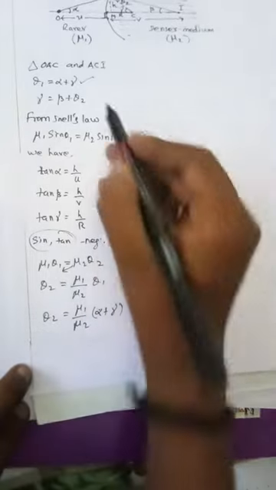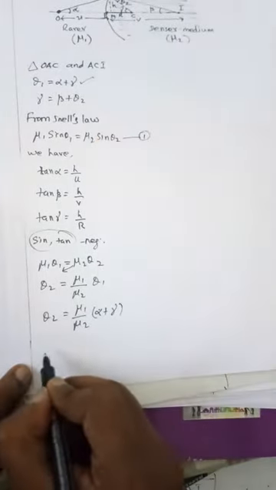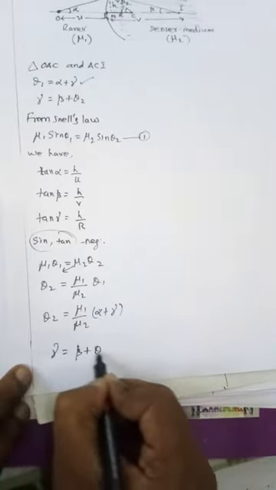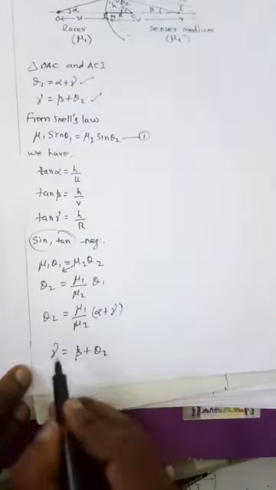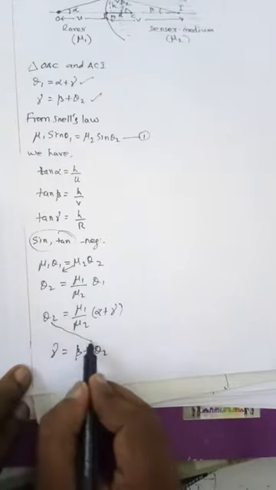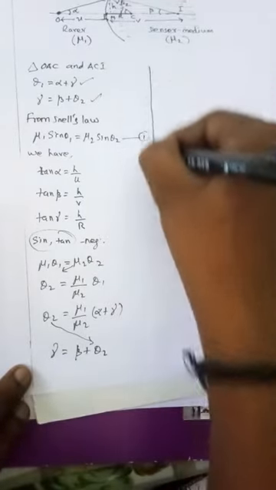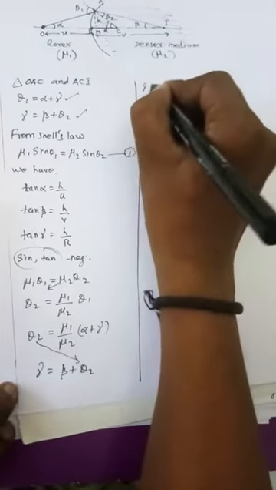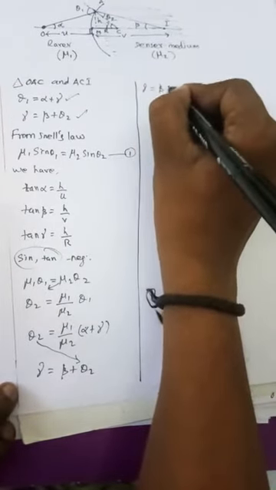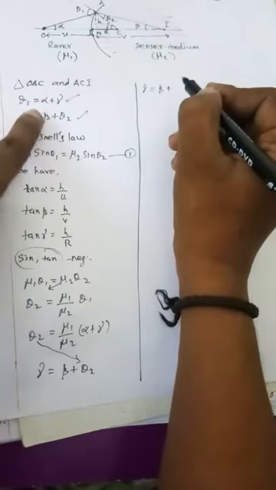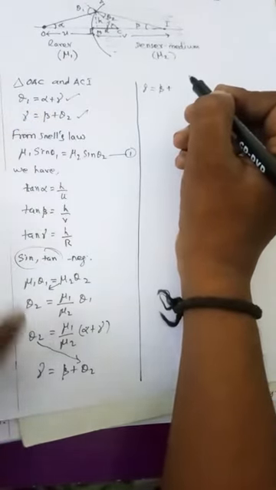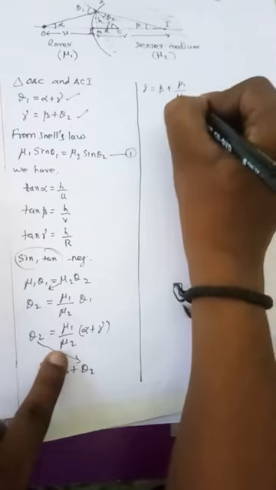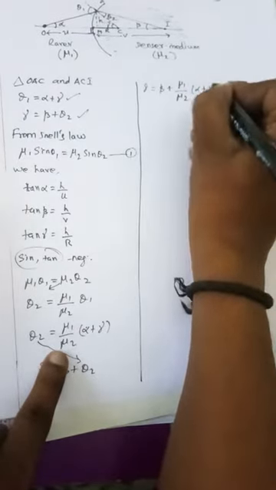Now gamma is equal to beta plus theta 2, so substitute this value: gamma is equal to beta plus mu1 by mu2 into alpha plus gamma.